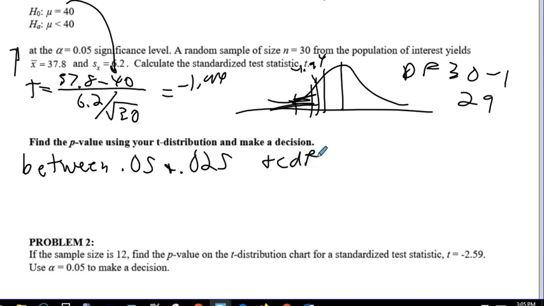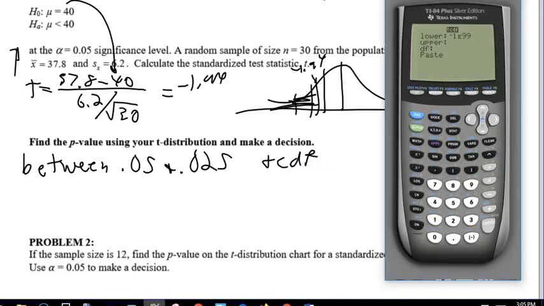Okay? Now, if you look at TCDF, it asks for the lower number, the upper value, and the DF. So, since we're going left, just put in negative 999, because we're trying to go as far off the chart as possible. Now, the upper value is our T that we just got, negative 1.94.